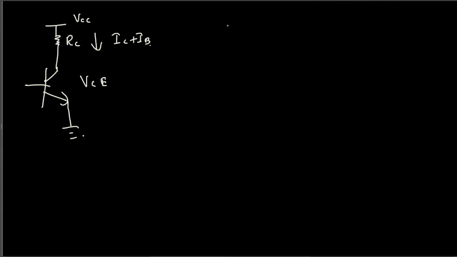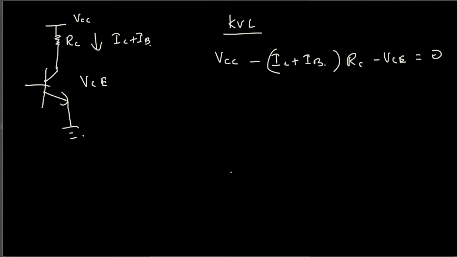Okay, and if you apply KVL right here, then this should be VCC minus IC plus IB times the resistance RC, and then minus VCE should be equal to 0. Here also we can do the same thing, like instead of IC we can replace that one with beta IB to make the less unknown terms.